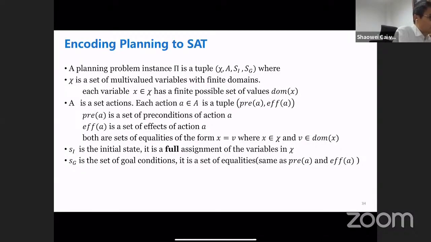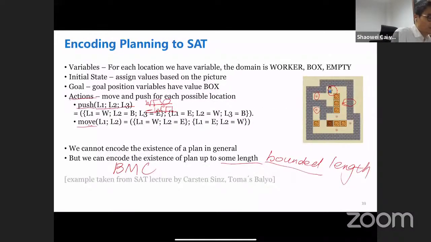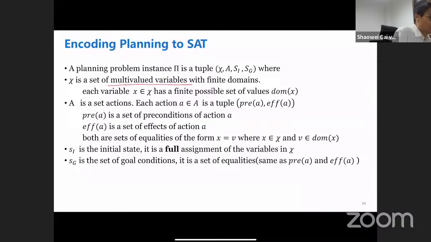In this AI planning problem, we have a tuple. We have a set of multi-valued variables. For example, in our example here, each position can be three-valued. It can be either empty, box, or worker. So it's multi-valued, and then finally we will encode them into Boolean values.